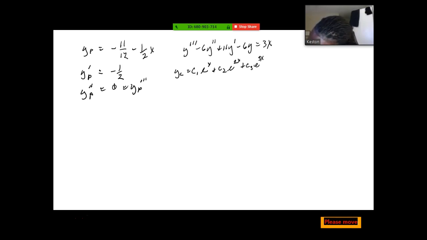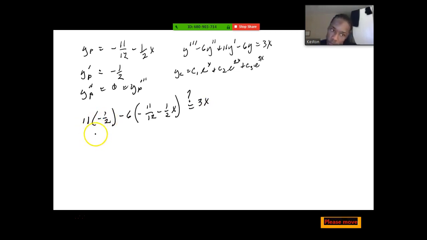Now let's take those values and plug them in here and see what we get. We get 0 minus 6 times 0 plus 11 times minus 1/2 minus 6 times minus 11/12 minus 1/2 x. Supposedly that's equal to 3x. We need to make sure it is. 11 times negative 1/2 would be minus 11/2.